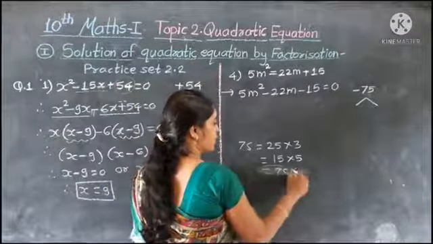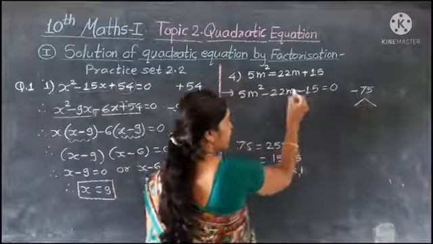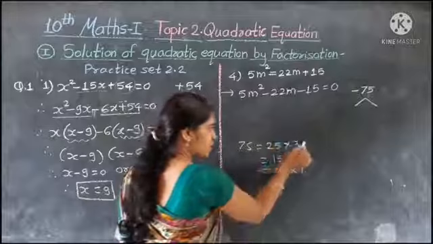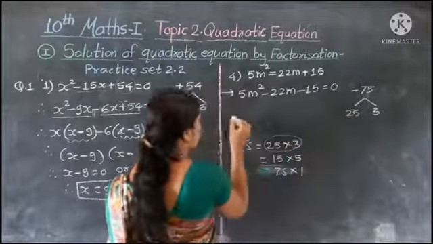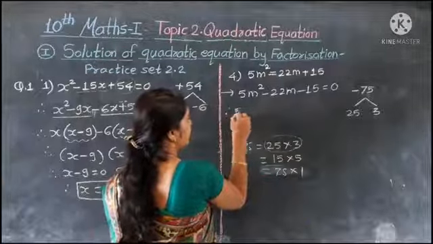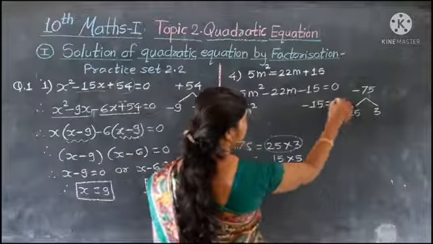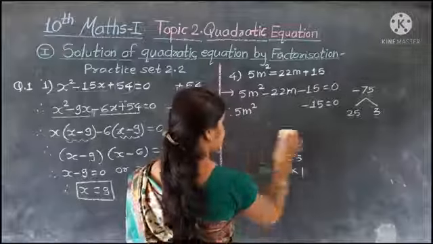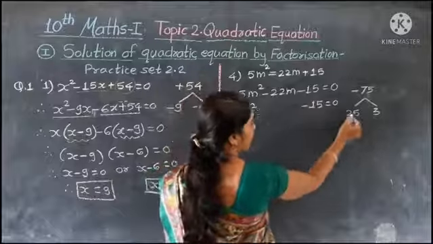Also you can write 75 into 1. So we want subtraction. See this sign. Subtraction is 22. Whose subtraction is 22? Here this is 25 into 3. So you write here 5m square minus 15 as it is. So what? Now give opposite sign.